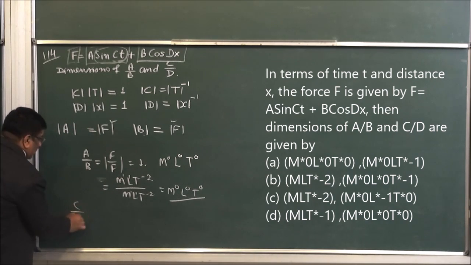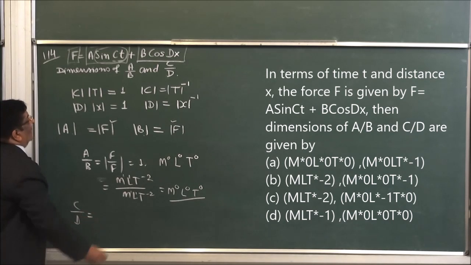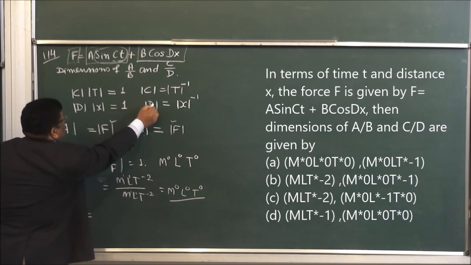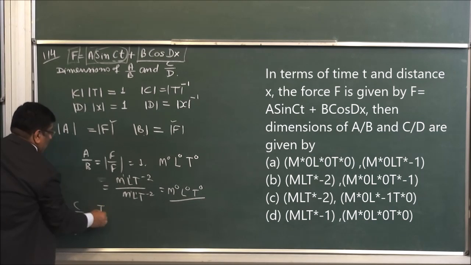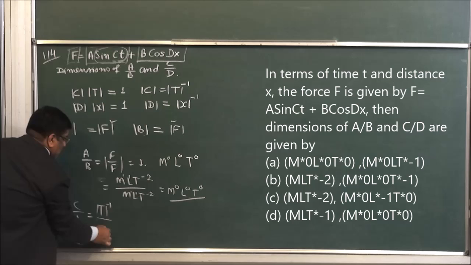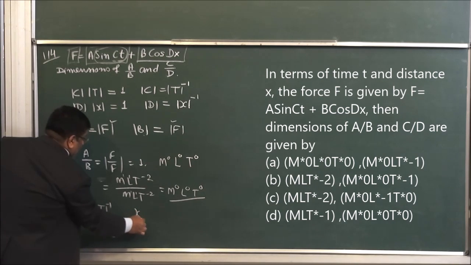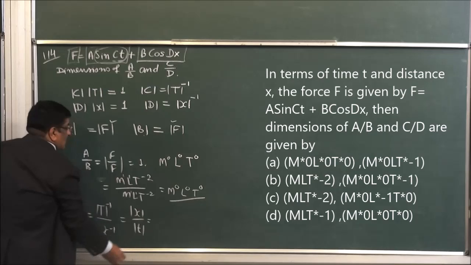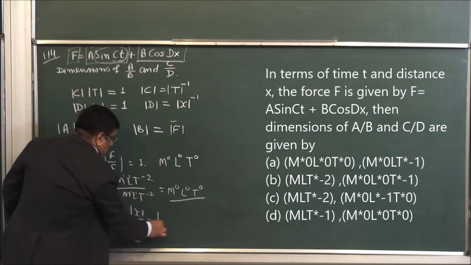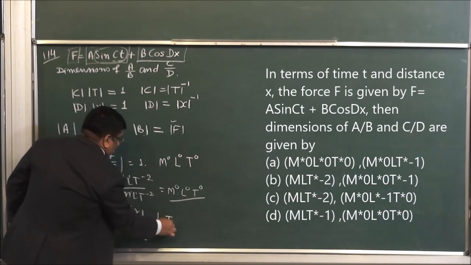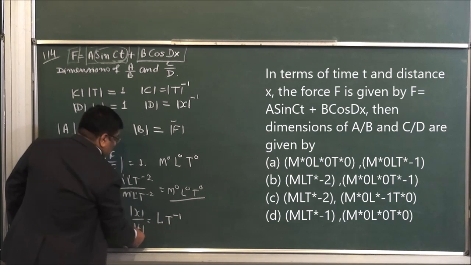Now C upon D, this is having dimensions C, D, T minus 1, and this is X minus 1. So this is dimensions of X and dimensions of T. X has dimension L and this T has dimensions of T minus 1.